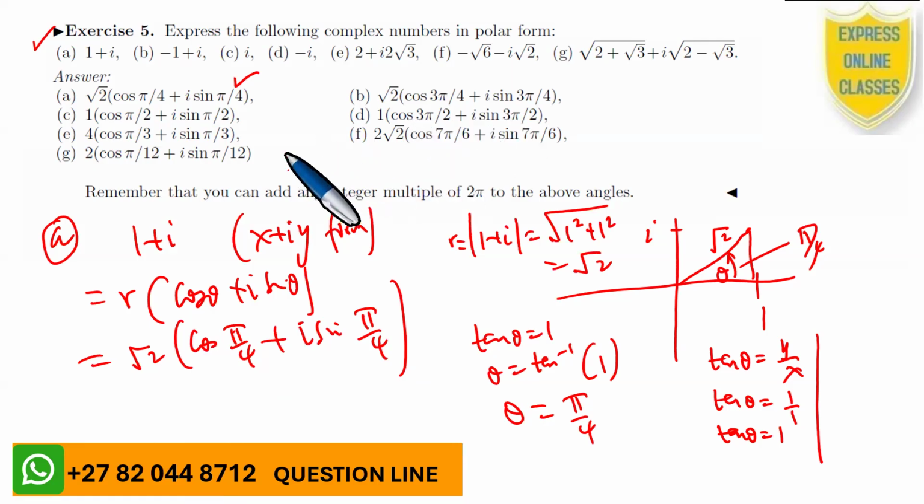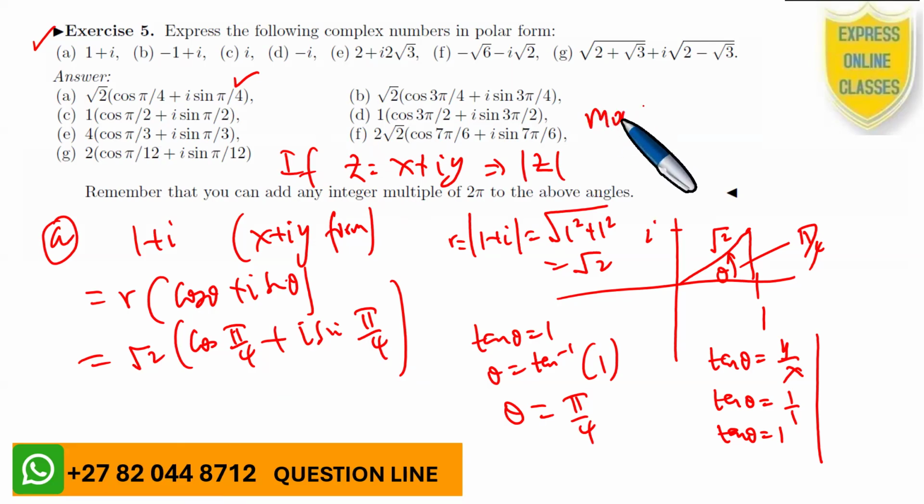Obviously, now if z is x plus iy, this then means the modulus of z.